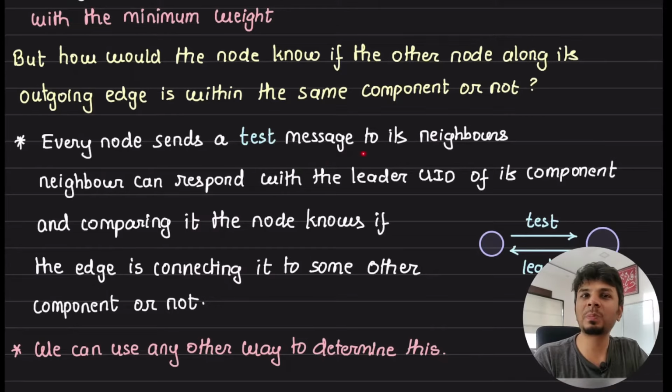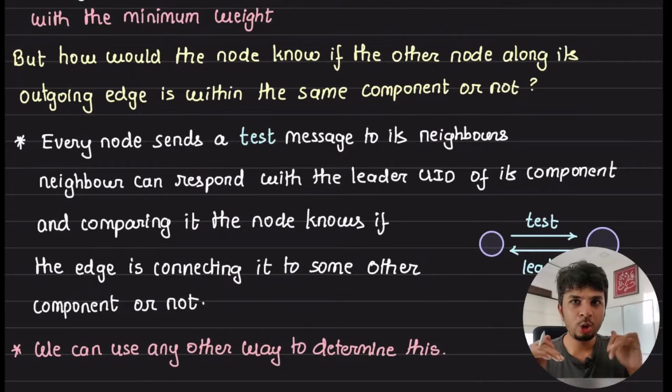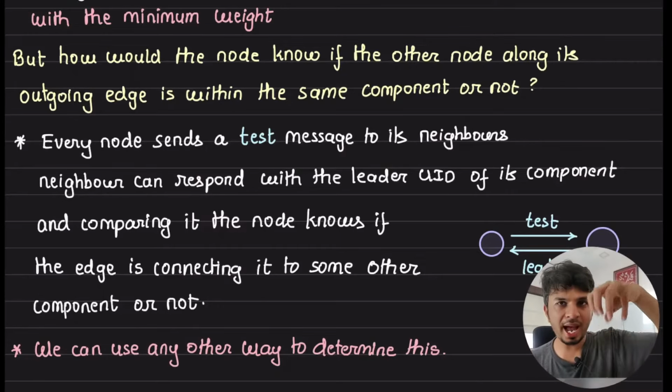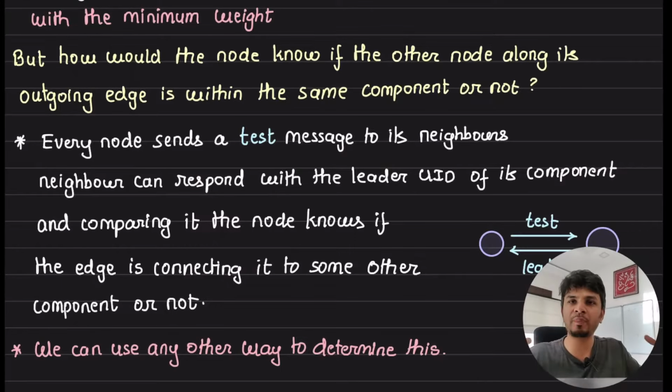And the neighbors respond with the leader UID of their component. So every node knows the component that it is part of and the leader UID of that component, right? So what I would do is send a message to all of my neighbors saying, hey, I am this node, I have this leader. What do you have? They would say, hey, I am this node, and I am part of a component having this as a leader.